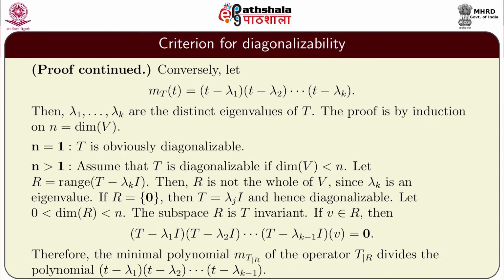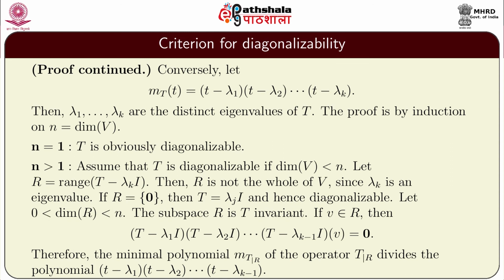Let us consider this subspace R, which is the range of the operator T minus lambda k I. Remember that lambda k is one of the eigenvalues. Then R cannot be the whole of V, since lambda k is an eigenvalue.